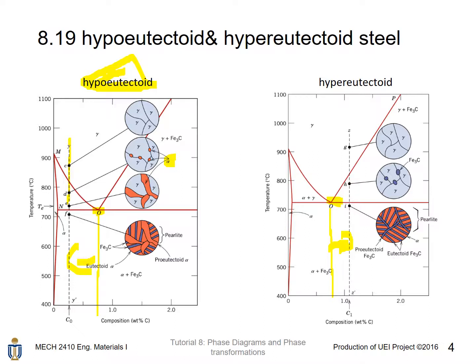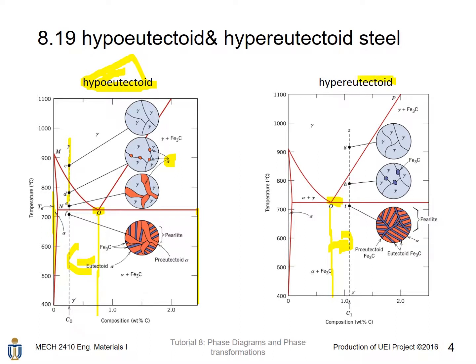And it will grow along the original green boundary of the gamma phase. Gamma phase is the austenite. Afterwards, all of the rest of the austenite will change to pure pearlite. Pearlite is a mixture of Fe3C, which is here at this line, and ferrite, which is here.